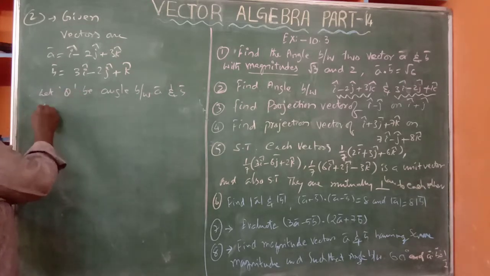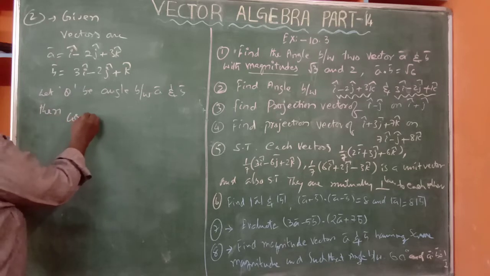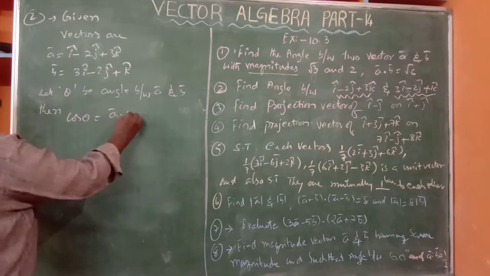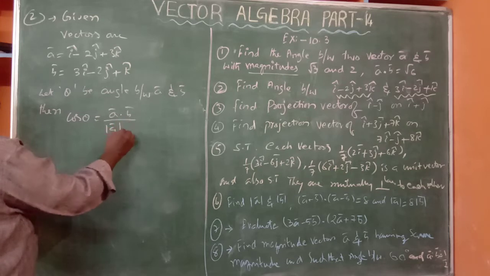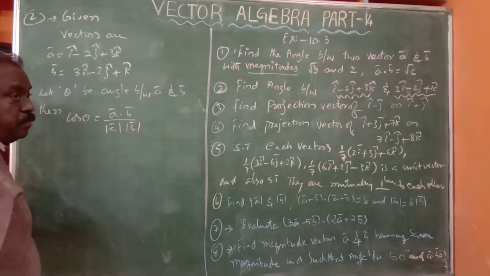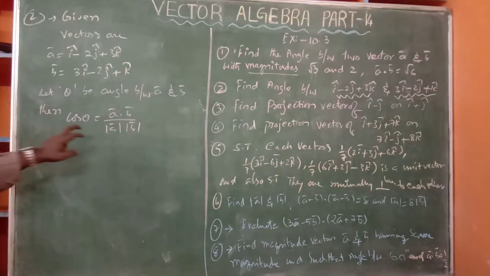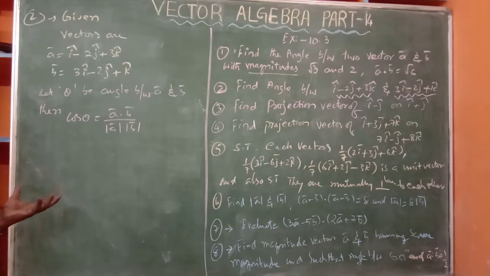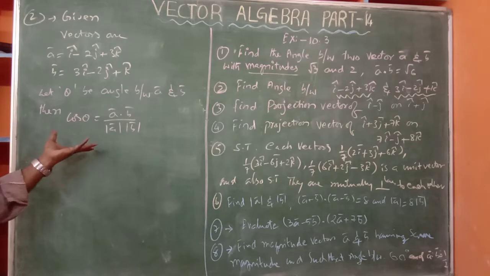Then cos theta is equal to A bar dot B bar by mod A bar mod B bar. We know it. The property is there. Very simple. A bar dot B bar is equal to mod A bar mod B bar cos theta. From that one it is derived.